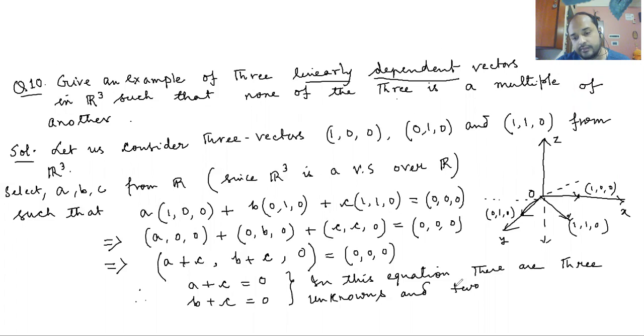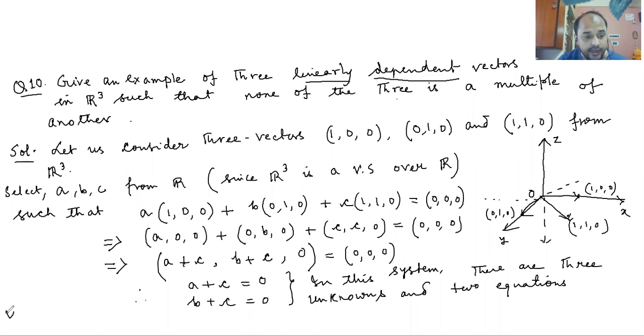I shouldn't write the word equation here, I should write the word system. In this system, there are three unknowns and two equations. Okay, and you will see that these equations cannot be solved uniquely.